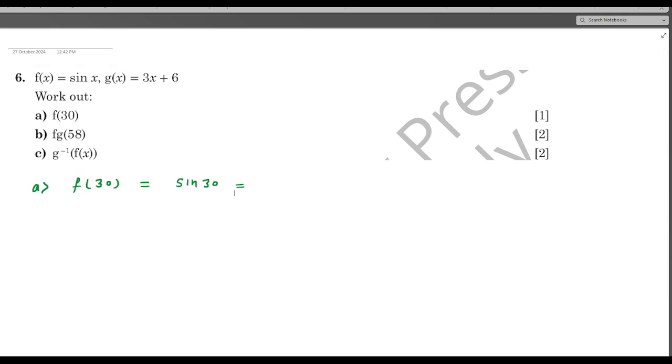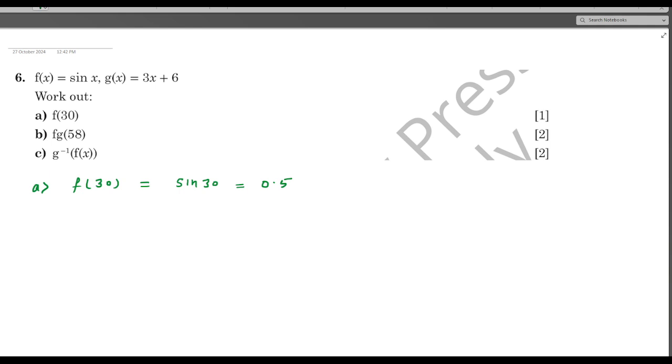So sine 30 degrees is equal to half. You may write the answer as 1 by 2, that is 0.5, or you can keep your answer as it is. Okay, let us write its value. Sine 30 is 0.5.